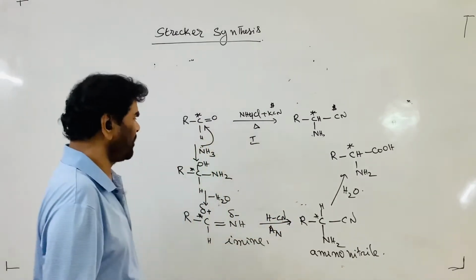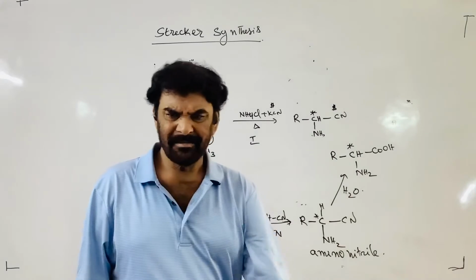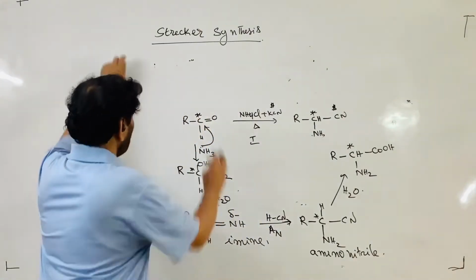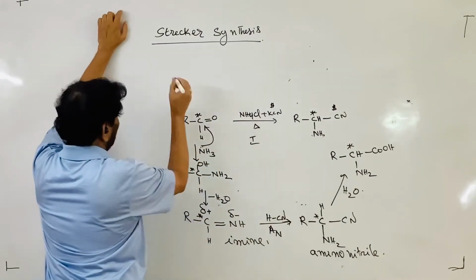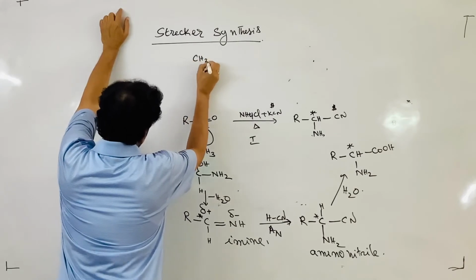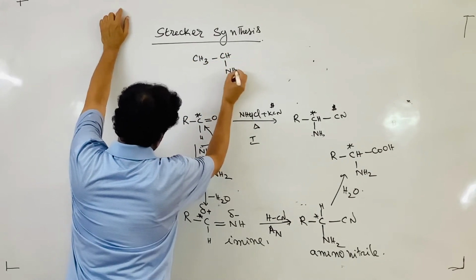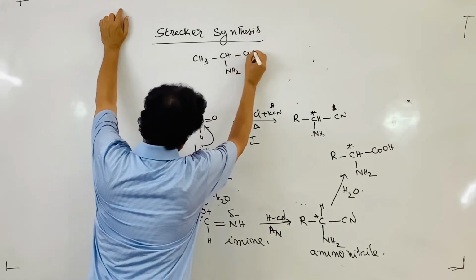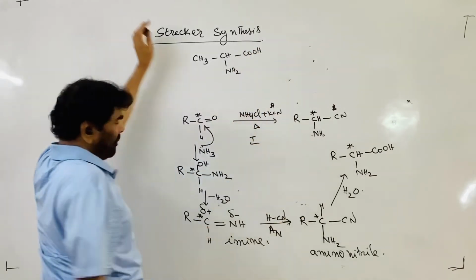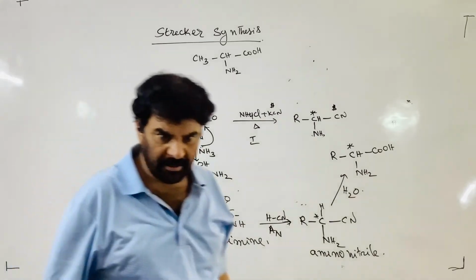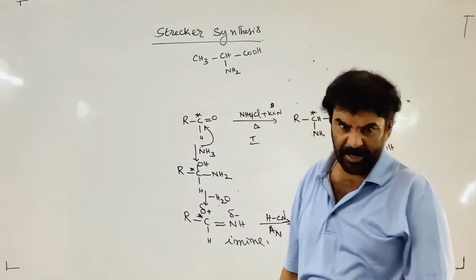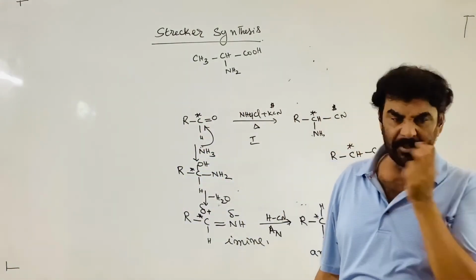AN reaction. Simple reaction. So suppose, let me take alanine. 2-amino-propanoic acid is called, in biology or biochemistry, alanine. Like carbohydrates, amino acids also have their own names.